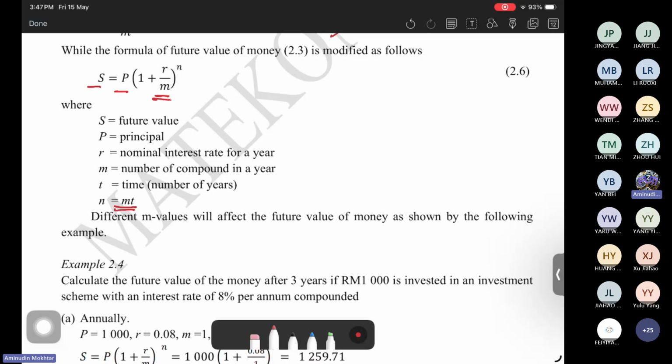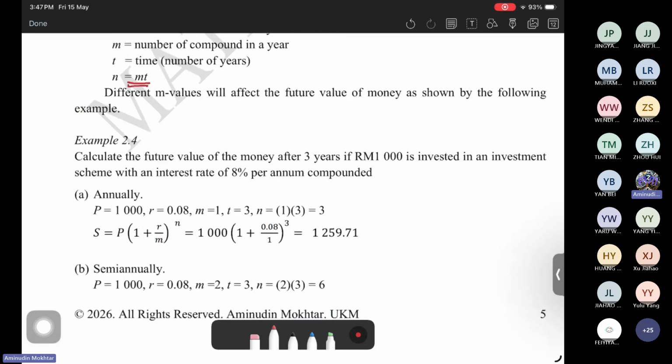I will show you the example. Please refer to example 2.4. In this example, I will show you the effect of m. The different value of m will produce a different future value of money.